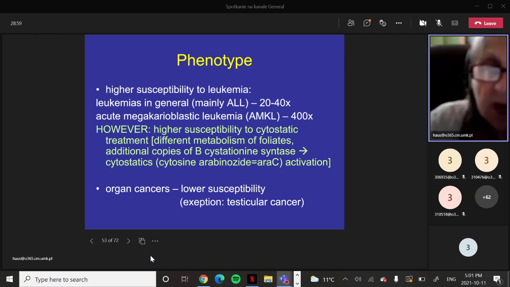They may accept very high doses of cytostatics, but children with Down syndrome cannot accept these high doses of cytostatic drugs.